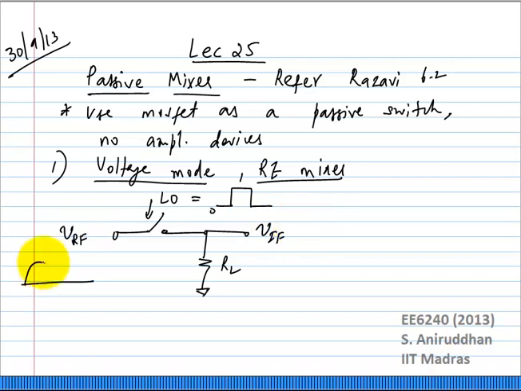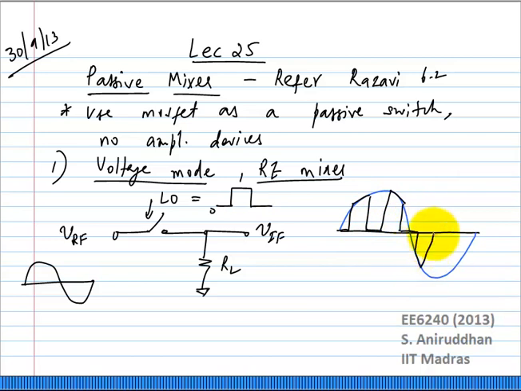For example, if you had a sinusoid like this and you were sampling it at some frequency, you get something like this. And so on, right? When the switch is on, you're sampling whatever is at the input to the output, and when the switch is off, the resistor sets it to 0.